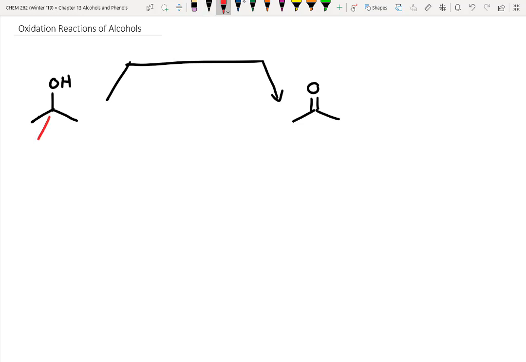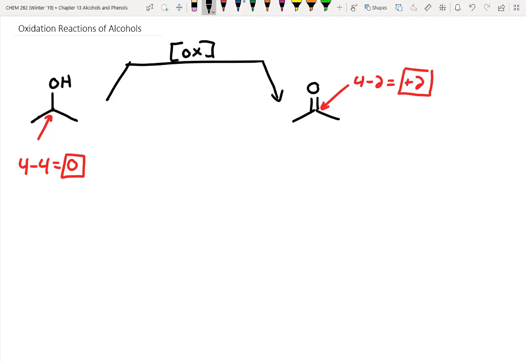So if we look at this carbon right here, it has 4 electrons minus 4, will be an oxidation number of 0. And then over here, this oxygen would be 4 minus 2, would be positive 2. So it looks like we lost 2 electrons going from our alcohol to our ketone, right? So this must have been an oxidation because it lost 2 electrons.